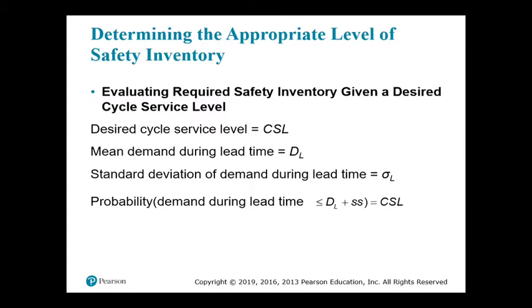We continue using the formula CSL equals the probability of demand during lead time being less than or equal to the reorder point, and ROP is equal to SS plus DL. Therefore, we can specifically write out the relationship between SS and CSL.